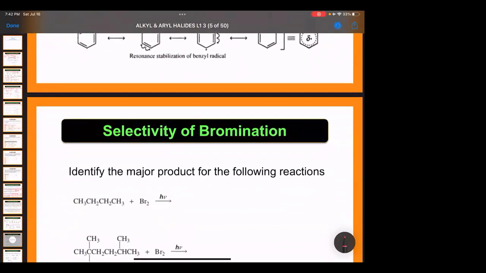Yes, so bromination will occur more easily at tertiary, then secondary, then primary. Chlorine doesn't recognize it much, because it is very reactive. If it is itself very reactive, how is it going to make out? It doesn't matter whether it is abstracting a tertiary, secondary or primary hydrogen. It doesn't matter much for chlorine, but it matters much for bromine, right?